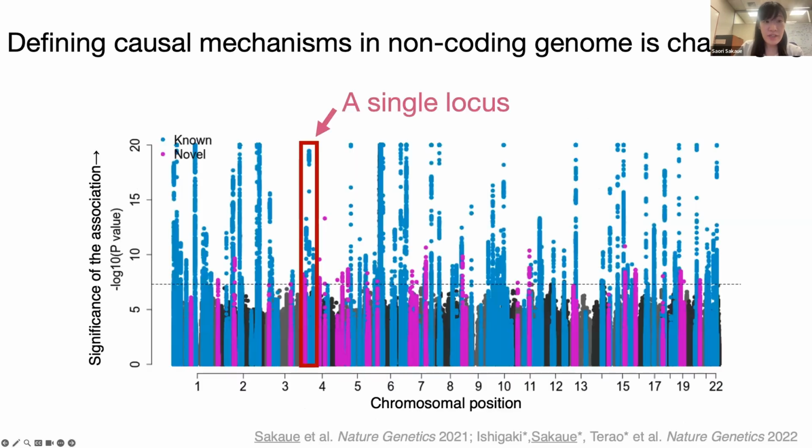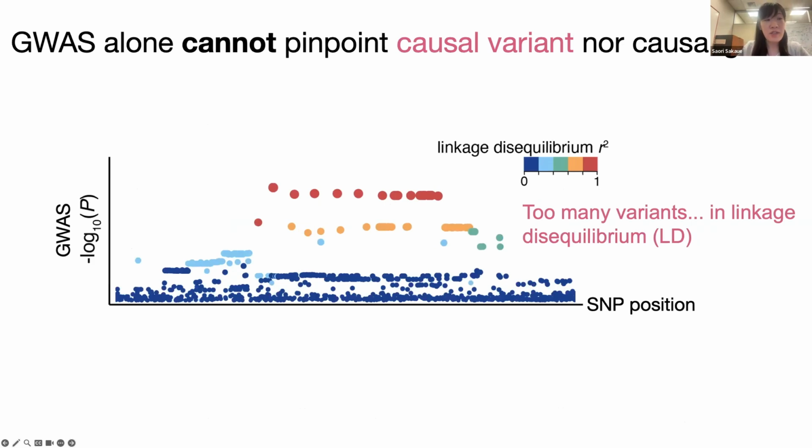So practically, when you want to interpret each of these 100 loci, if you zoom into a single locus, we typically get this kind of situation. Again, the x-axis is the genomic position of each SNP, each dot is a SNP or genetic variation, and the y-axis is the GWAS significance.